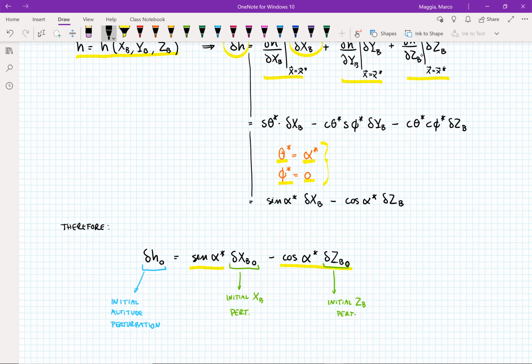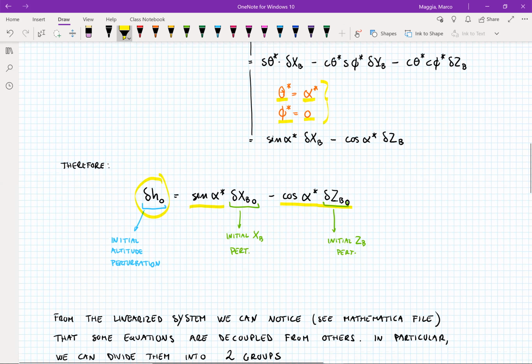So delta xb0 and delta zb0 are the initial perturbations in the x direction and in the z direction, if we have any. And overall, delta H0 is the initial perturbation in terms of altitude.